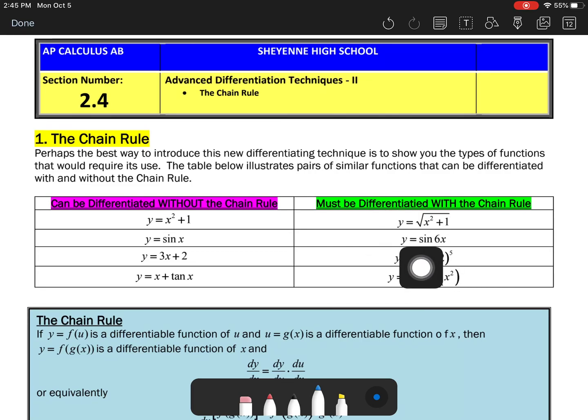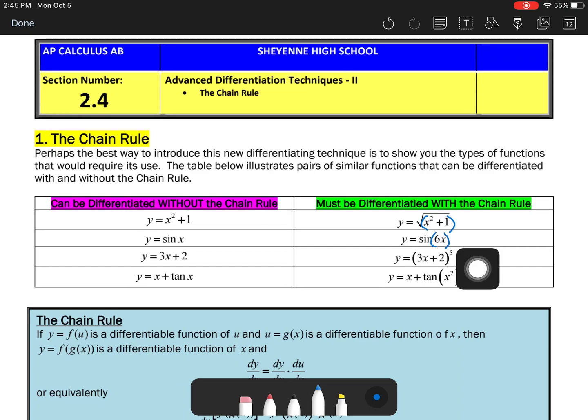Now here, this one may not seem like it as much. A lot of times what I say is if there's parentheses, that'll give it away, but sometimes parentheses are more implied, like here. We'd have parentheses here. Technically, we're taking the sine of 6x, and so the outer function is the sine and the inner function is the 6x, right? Here, this is a little clearer.